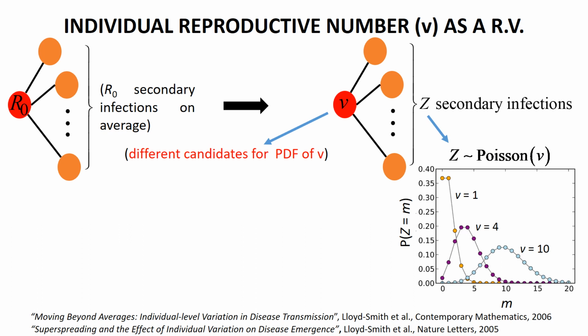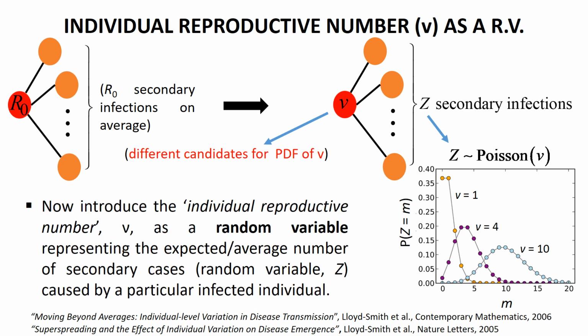Well, we say that Z is a Poisson random variable, and its intensity is V. So if I was to take a V from this distribution, which was say 7, I would put 7 in there and get Z. Then if I did another realization of V, I might get 2.4. I put 2.4 in again, and I get another Z. The important thing is that V is not fixed. V is a random variable. So that's a summary of what I've just said.